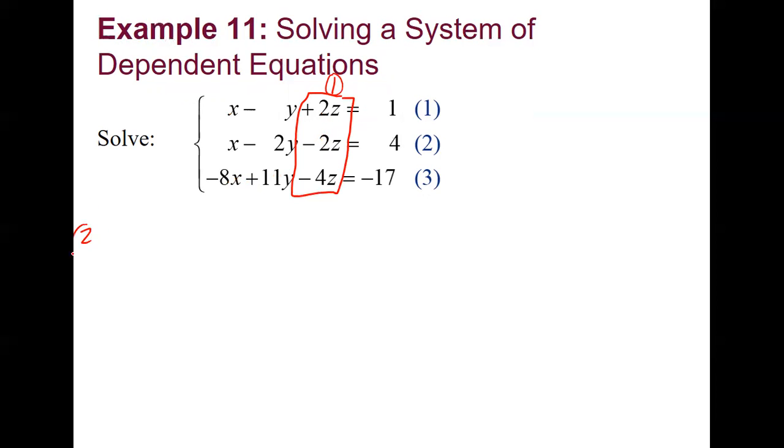Okay. So step 2 is choose which 2 equations we're going to work with first. 1 and 2. Good call. So X minus Y plus 2Z equals 1. We have X minus 2Y minus 2Z equals 4.